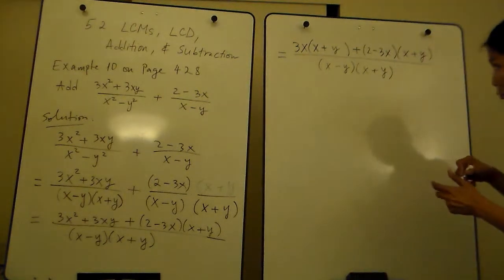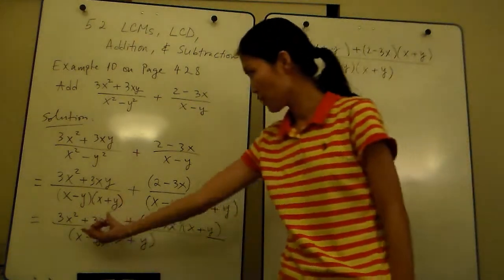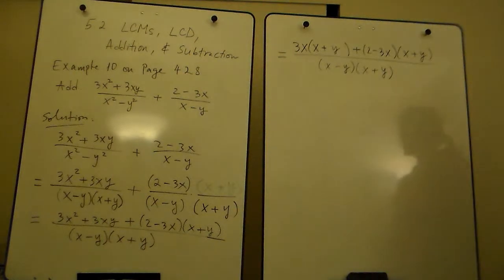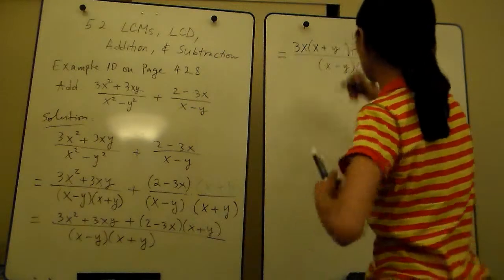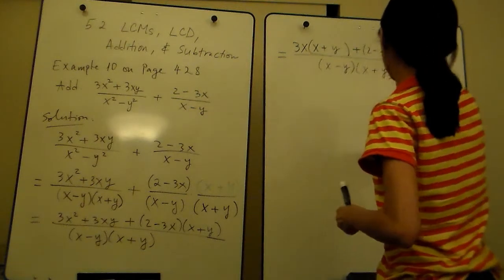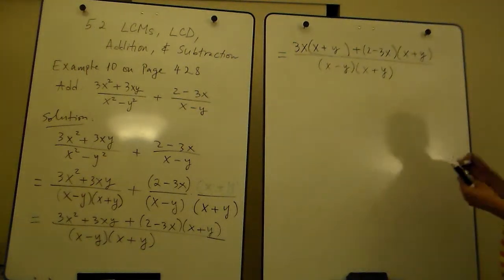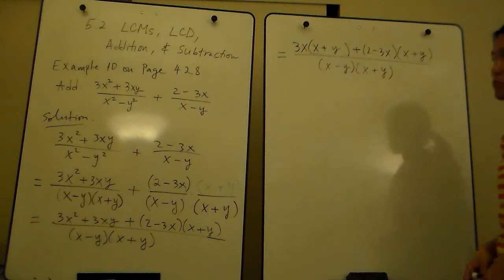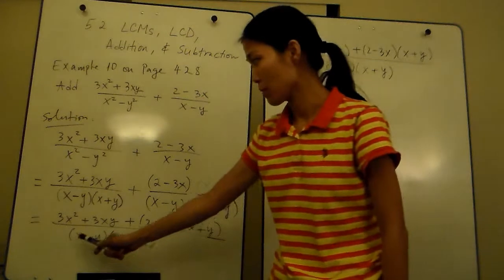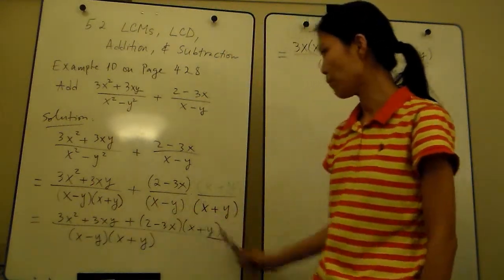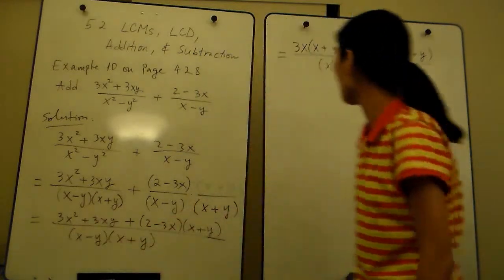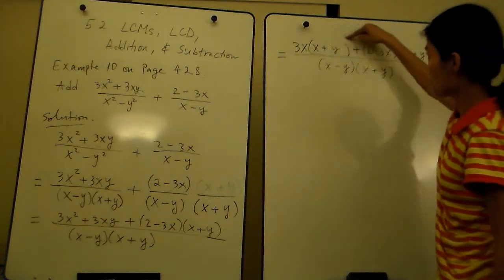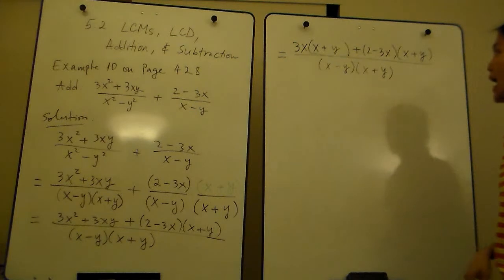Now, the reason I factored out these two terms is because I saw that once I did that, this x plus y and this x plus y are the common factors in these two terms. I started with 3 terms, 1, 2, and 3. I just combined these two terms into one term, which is 3x times x plus y.